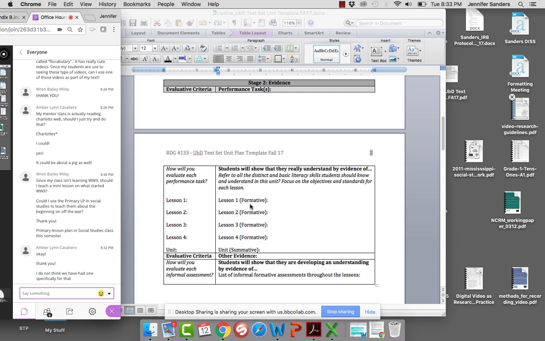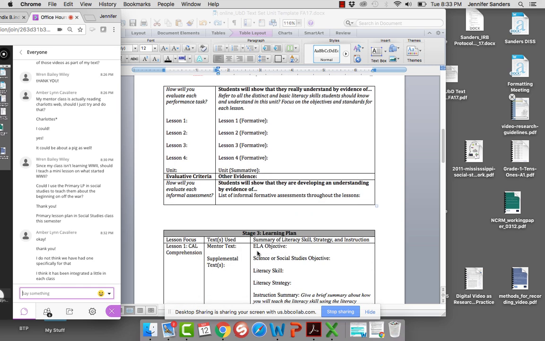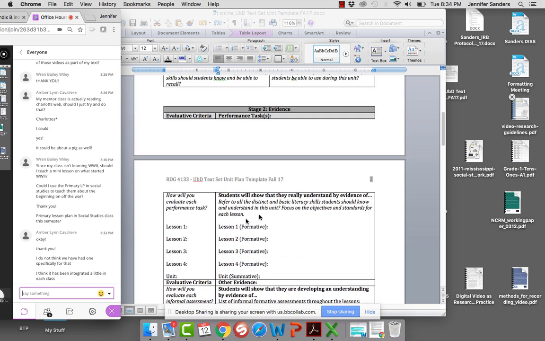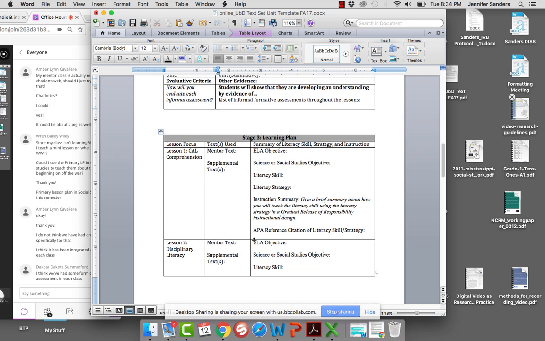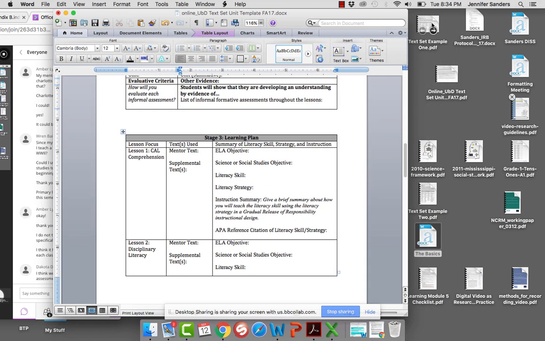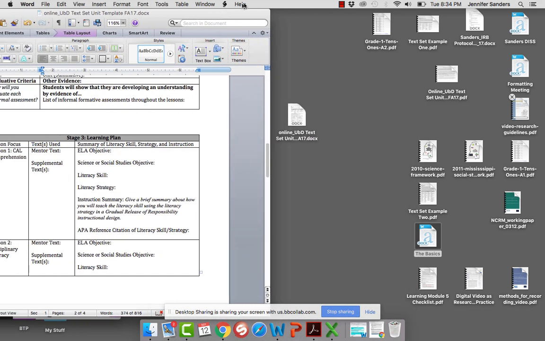Okay, so let me show you how you can pull your performance task here from your lessons. Go to your text set directions, and let me show you mine.